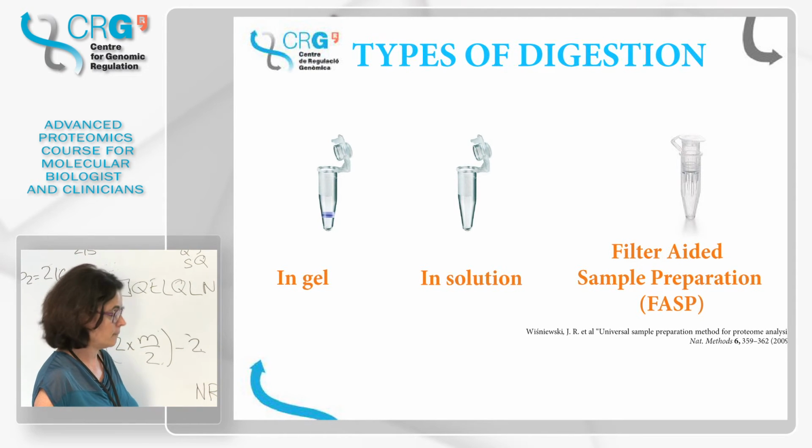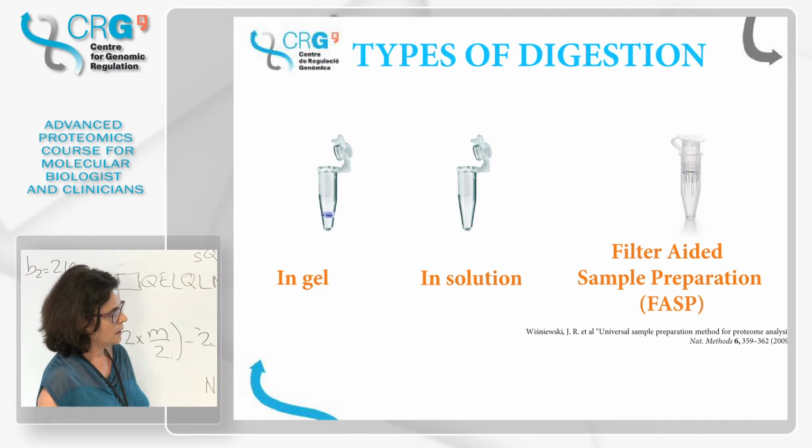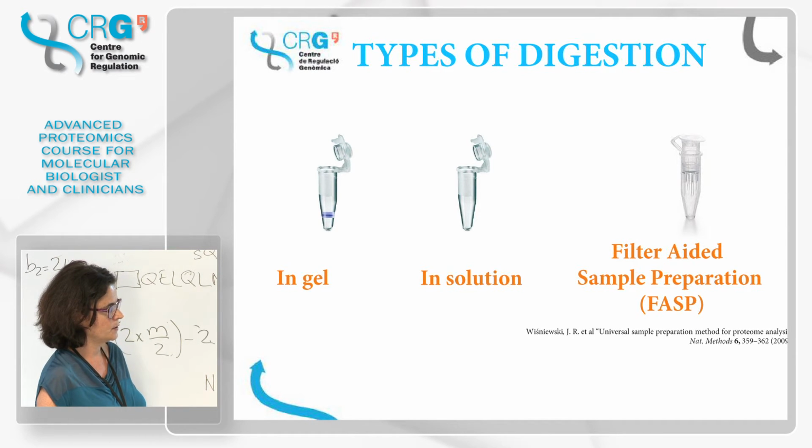If you have a gel band, you can digest the protein in the gel, which we call in-gel digestion. If you have it in solution, you can also digest the protein directly. And we also work a lot with FASP digestion, which is filter-aided sample preparation, which has several advantages.